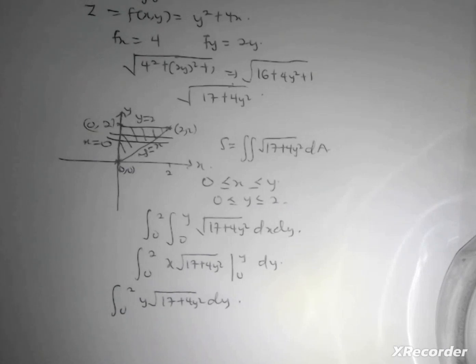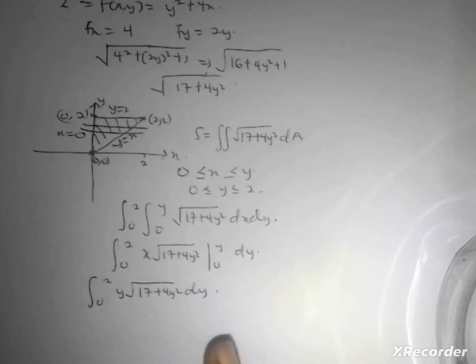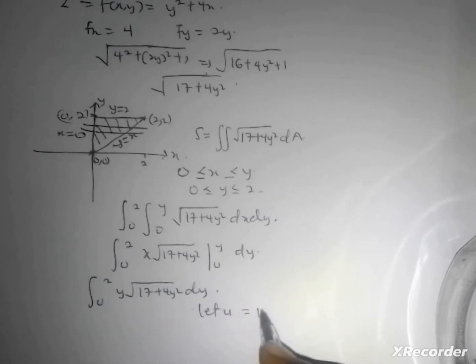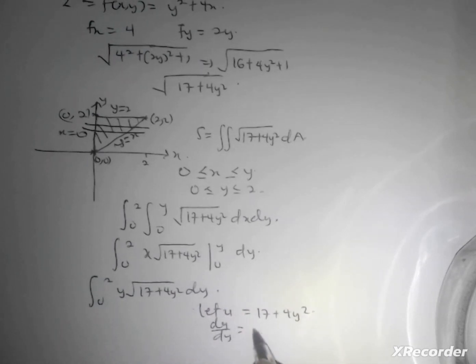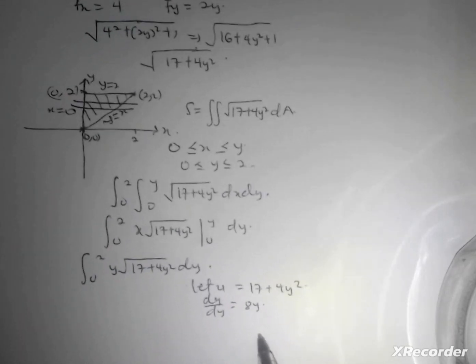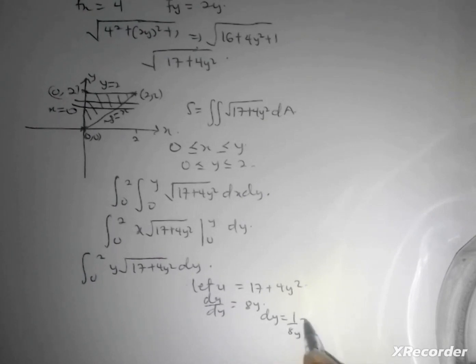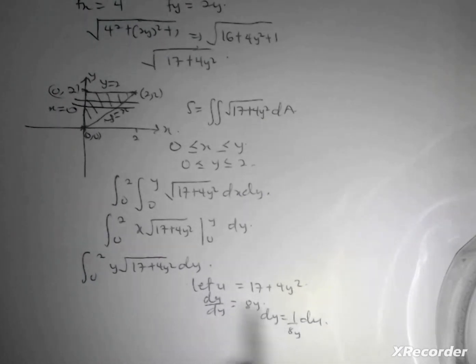Computing this, you let a variable u be equal to 17 plus 4y squared. So du over dy is equal to 8y. Then you make dy the subject, which is equal to 1 over 8y du. Then I'll introduce everything back here.